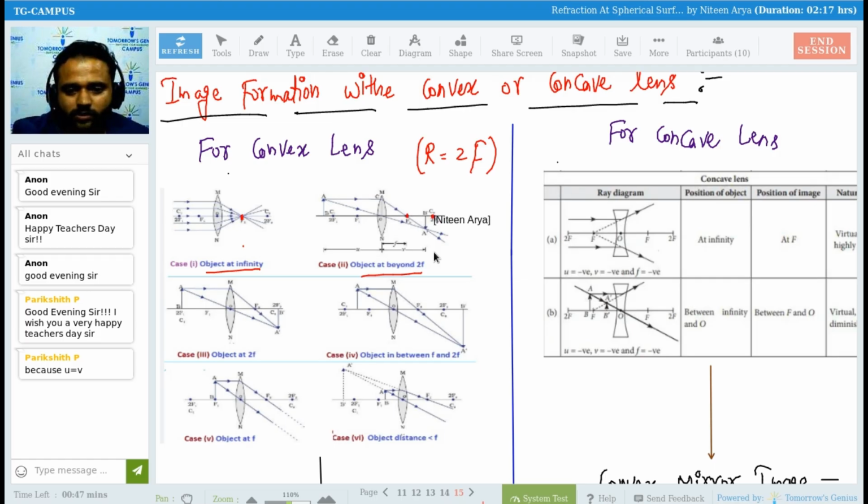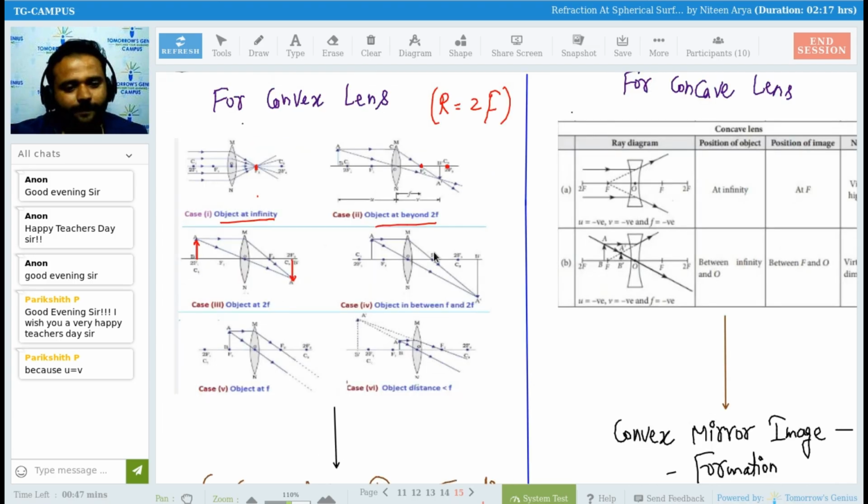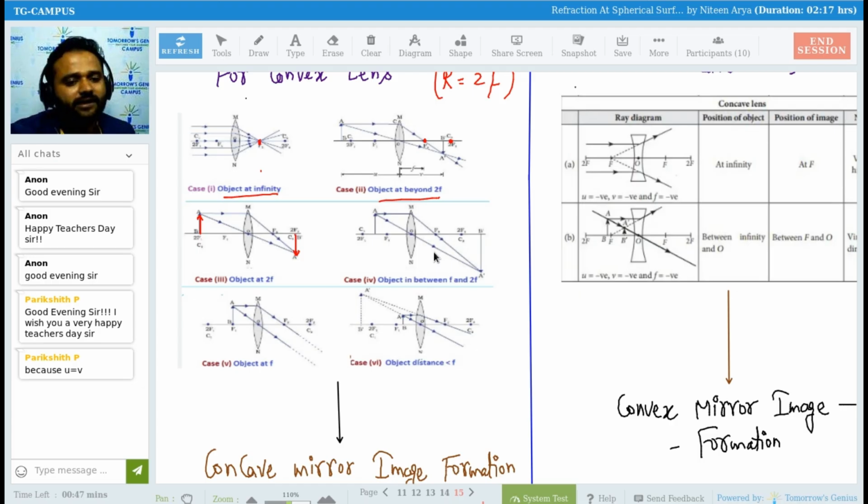This is your focus 2, this is your center 2 for the second surface. Now, this is the third case. We put the object at this particular point, center of curvature, 2f1 at C1. So we can get the same height image, real, inverted, at this particular point, C2. Clear this thing? In the same sense, you can see the other cases also.